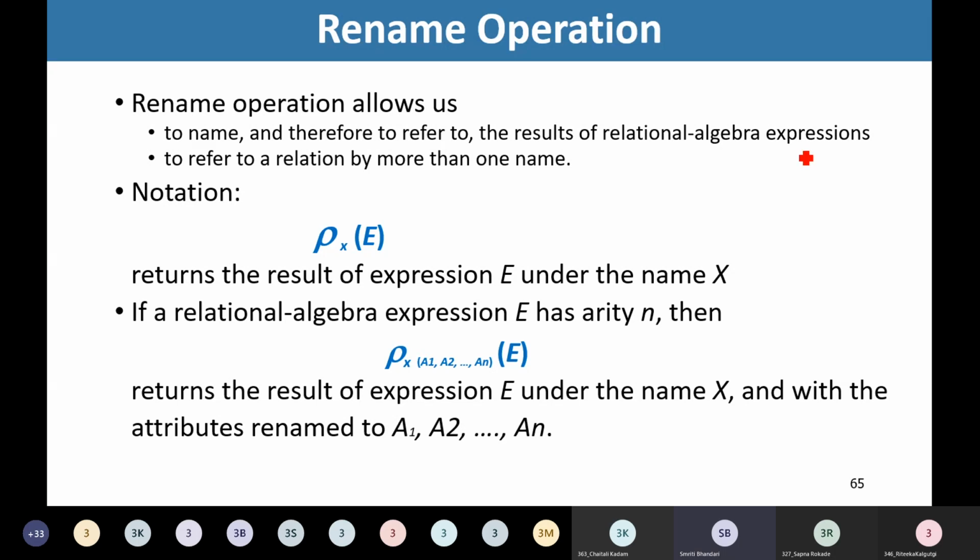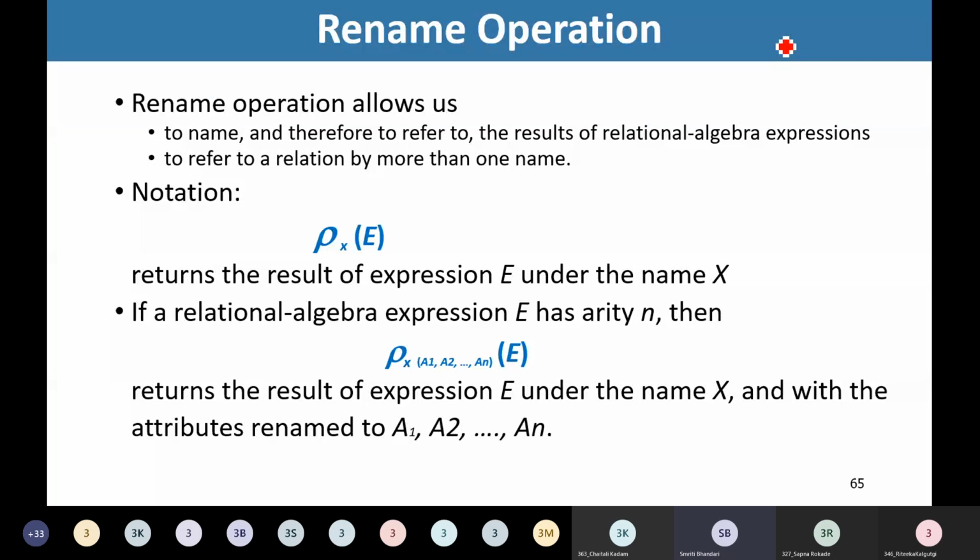What do we mean by that? As we have seen earlier, many times we need to make use of various relational algebra operations, and we have some intermediate result of one relational algebra operation that we need to use for another, outer relational algebra operation.